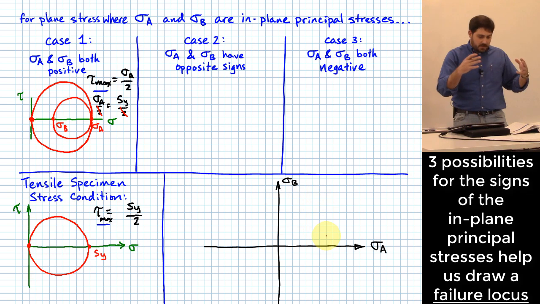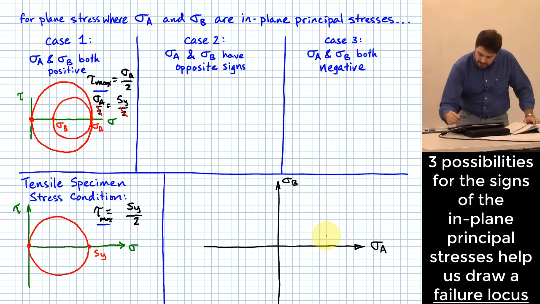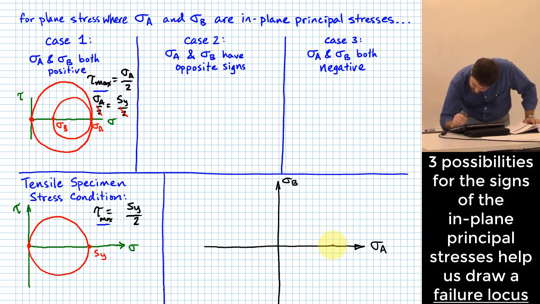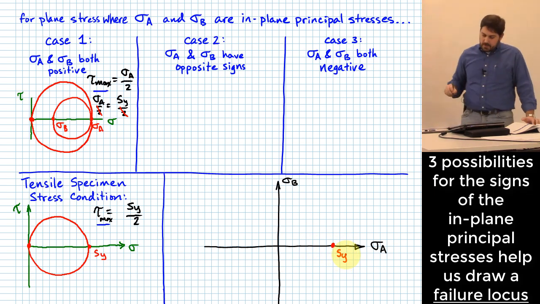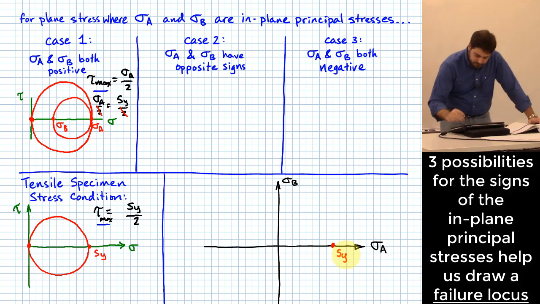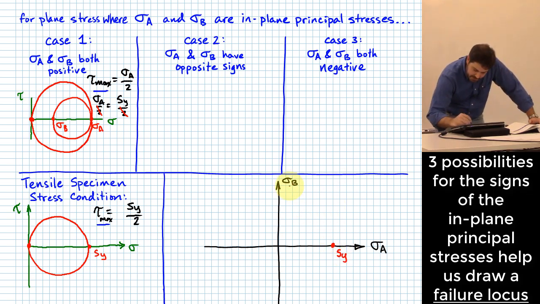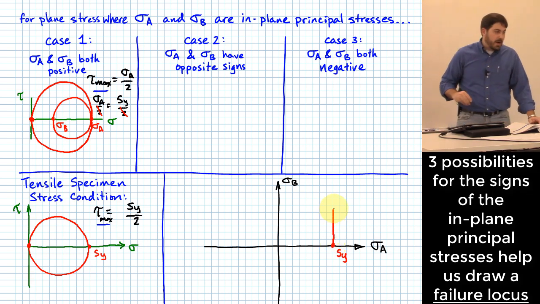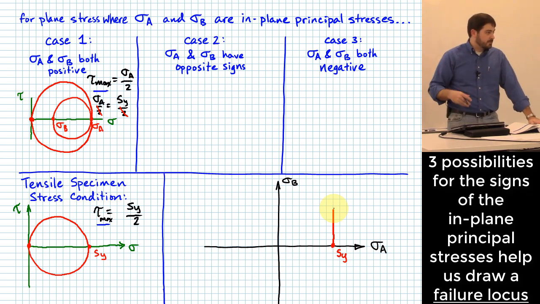As long as both of them are positive, imagine plotting a location right here that is my yielding strength, and let's say that sigma B is less than sigma A. Then I would have values in this sigma A, sigma B plane where it doesn't matter what my value is of sigma B. I'll draw a line right here, and whenever sigma A goes to the right of that line, I predict failure.